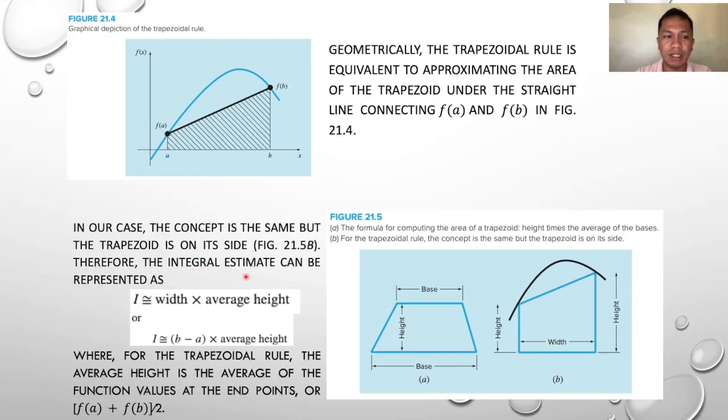Therefore, the integral estimate can be represented as I is approximately equal to width times the average height, or quantity b minus a times the average height, where for the trapezoidal rule, the average height is the average of the function values at the endpoints, or fa plus fb over 2. All the Newton-Cotes closed formulas can be expressed in this formula: I is approximately equal to b minus a times average height.